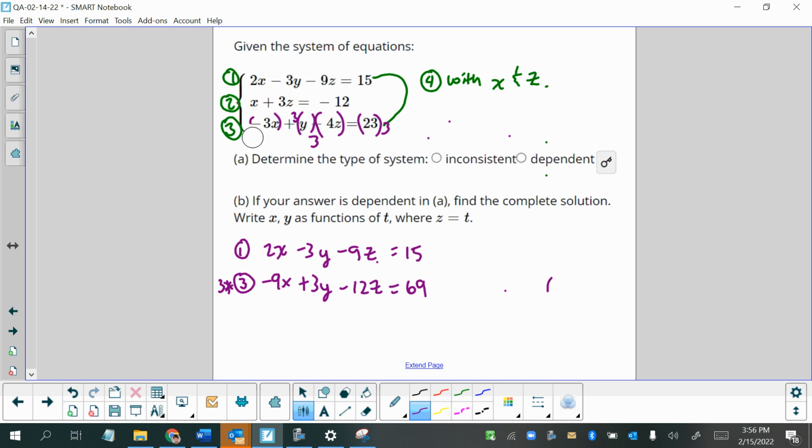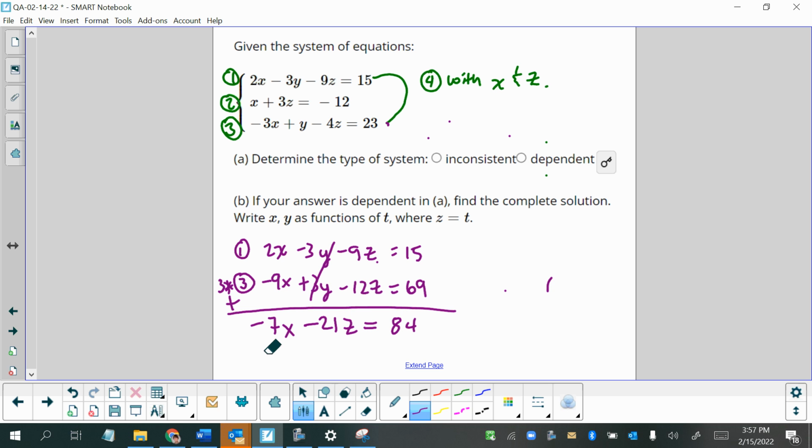Okay, so now that I've got that done, I can see that when I add these two equations together, my y's cancel out. So then I have 2x minus 9x leaves negative 7x, and negative 9z and negative 12z leaves negative 21z, and 15 plus 69 is going to give us 84.